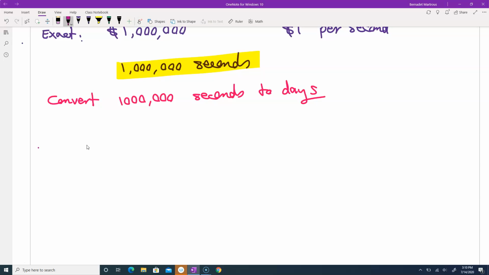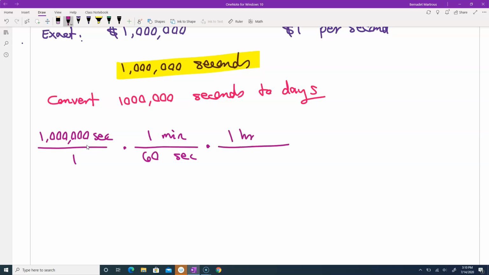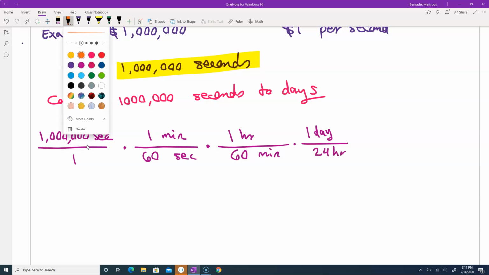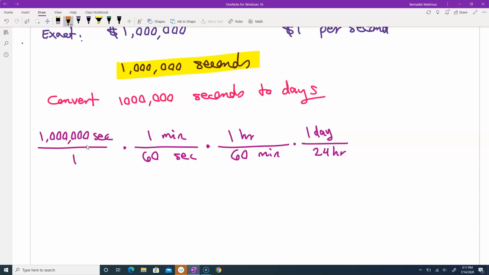We can convert that. Here on top we have 1 million seconds. And here, since I have seconds on that part, I should have seconds here. And this says 1 minute is equal to 60 seconds. Multiplied by 1 hour is equal to 60 minutes. And finally, 1 day is 24 hours. Now we can simplify all these.